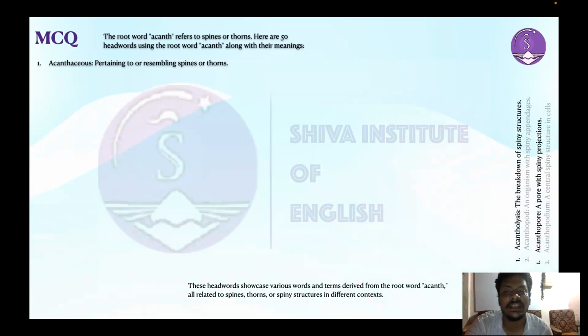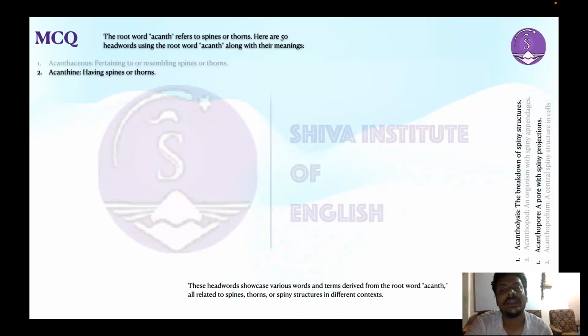Which means relating to or resembling spines or thorns. So acanth refers to spines or thorns. In that case, acanthosus means pertaining to or resembling spines or thorns. Pertaining means relating to.